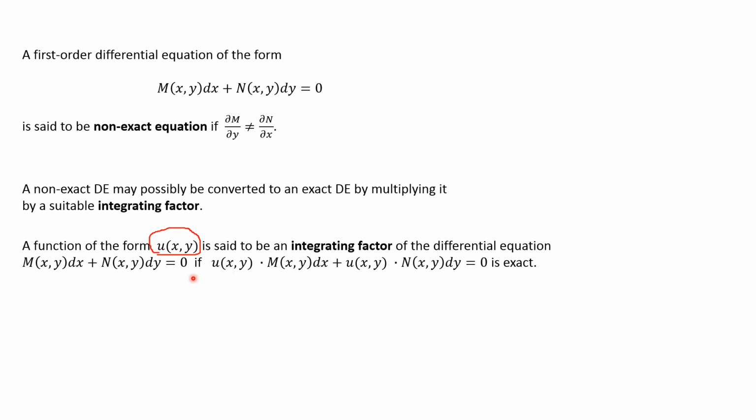Look, I multiply mu(x,y) to both sides of the equation. It becomes mu M dx + mu N dy = 0, and this is now exact. Our objective is to determine what this integrating factor is.